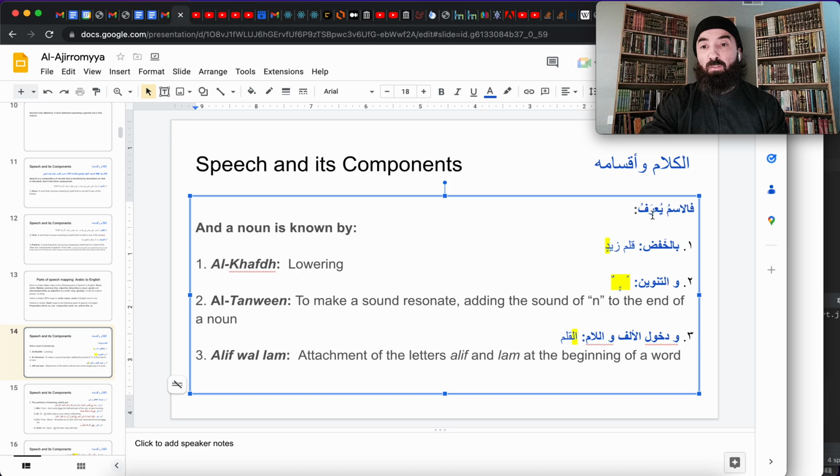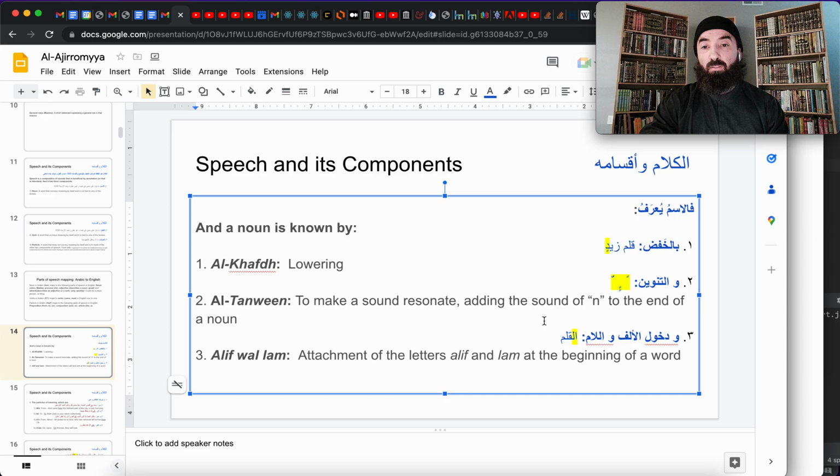And the second sign of a noun is tanween. And tanween is, again, something that we assume you are already familiar with. Basically, linguistically, tanween means to make a sound resonate, and in the terminology of Nahu, it is adding the sound of a noon to the end of a noun.